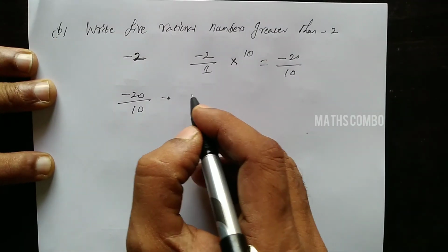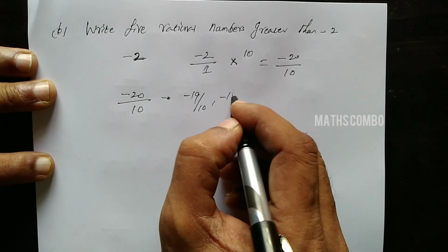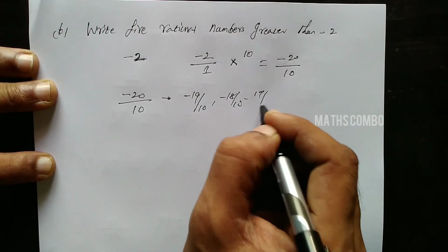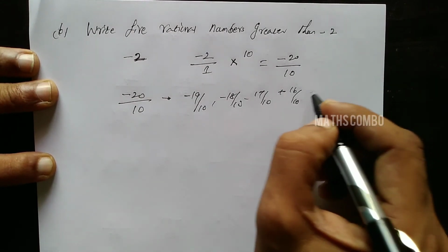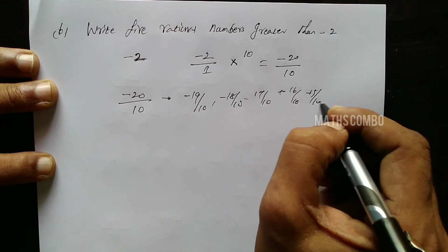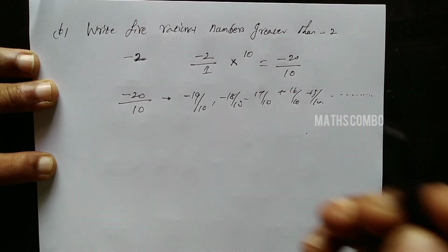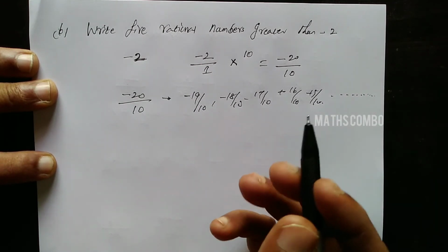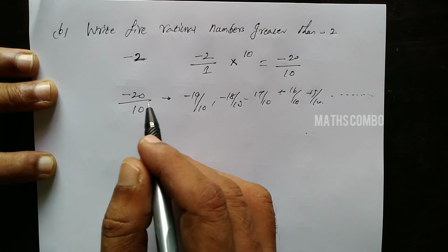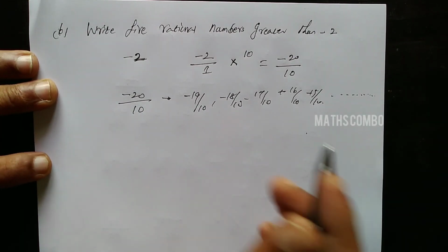So it is minus 19 by 10, minus 18 by 10, minus 17 by 10, minus 16 by 10, minus 15 by 10. So we can write 5 numbers here. Okay. This is simple logic. The numbers which are greater are nothing but the numbers which come on the right side of this number on the number line. Okay.